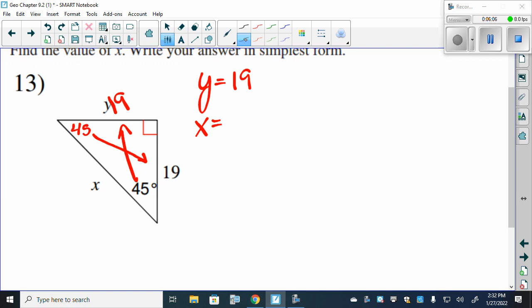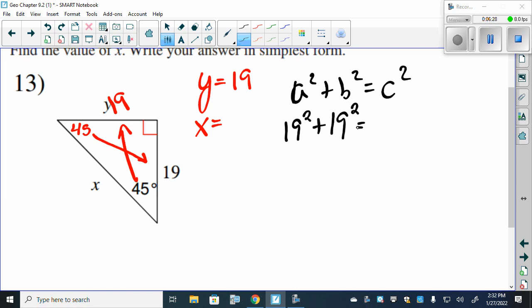Now we still need to find the value of x, the hypotenuse. Now we can use the Pythagorean theorem to find this. Well, our a squared plus b squared equals c squared. Well, the value of a and b are our two legs, which would be 19 squared plus 19 squared.